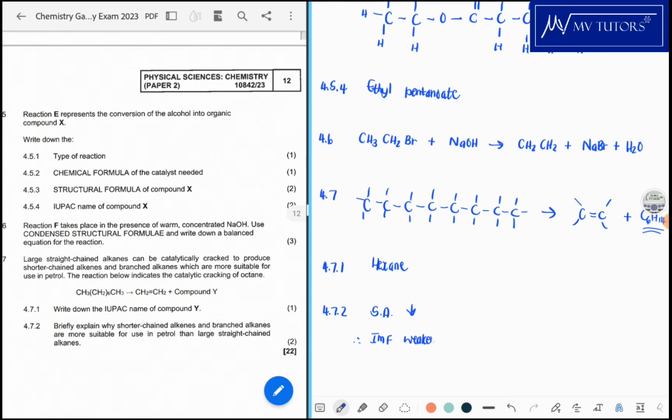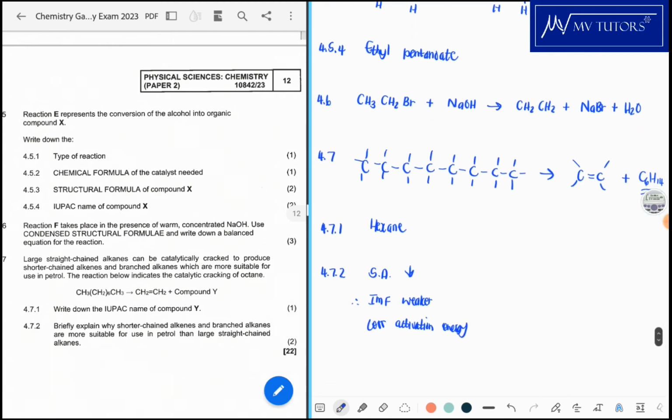All right, and therefore, if you have weak intermolecular forces, it means that when it comes to energy, you need less activation energy. Okay. So, I mean, with the use of petrol, you don't want to have strong intermolecular forces, therefore requiring a high activation energy.